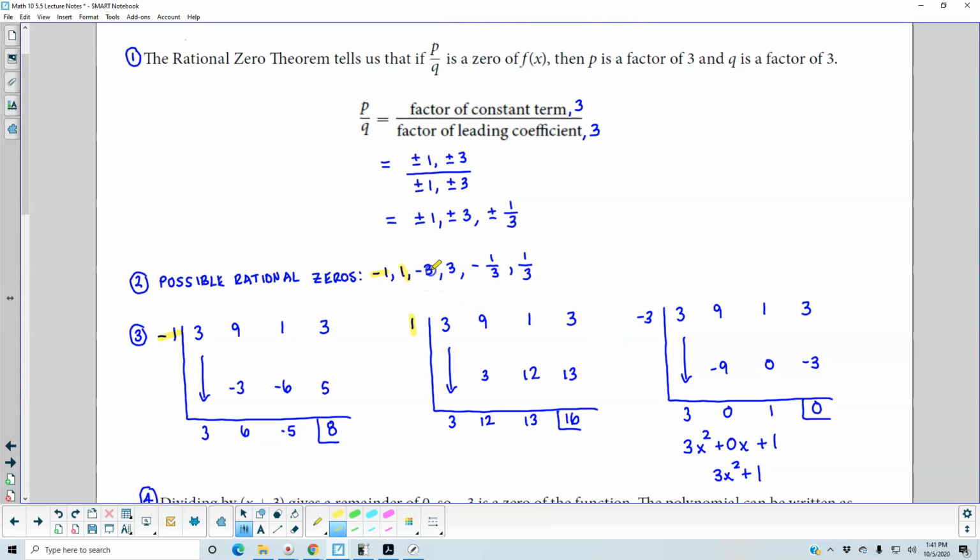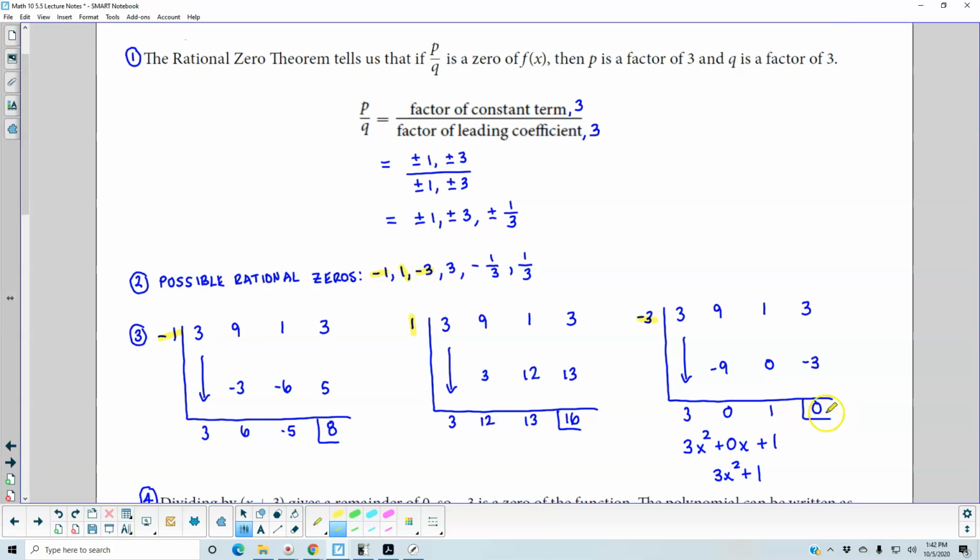Next we have -3. So with -3 we're going to bring down the 3. -3 times 3 is -9. 9 minus 9 is 0. -3 times 0 is 0. 1 plus 0 is 1. And -3 times 1 is -3. So 3 minus 3 gives you 0.